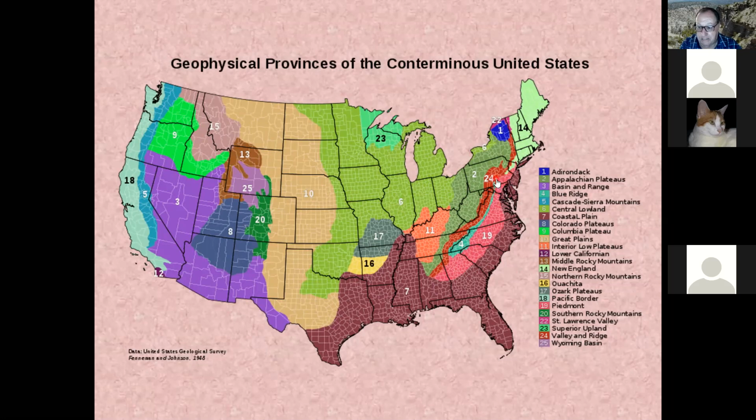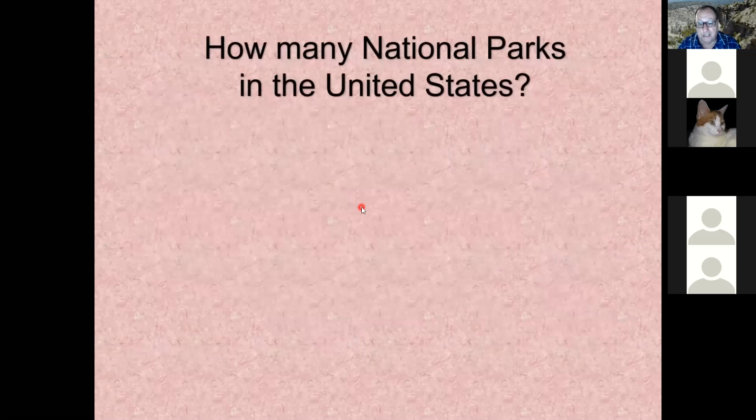Some of you are in the number 2, which is the Valley and Ridge province, includes the Appalachians. Number 4 is the Blue Ridge. We do have several people that live in the Blue Ridge. I don't know if they're here tonight with us. And of course, out west, we have all the other provinces too, the basin and range. But anyway, all these areas can be broken into a different province.